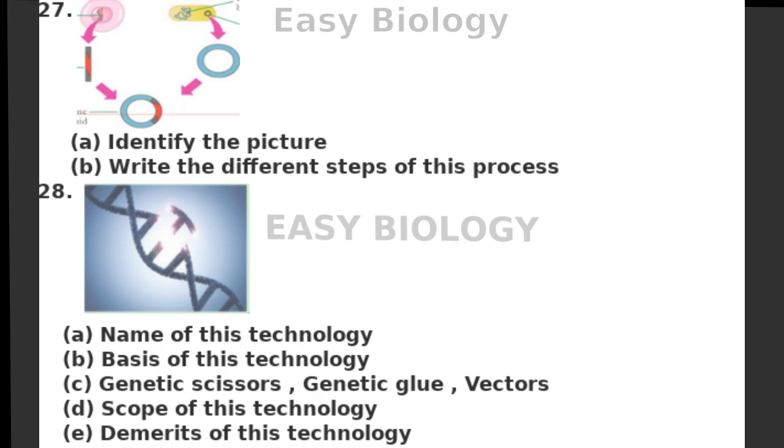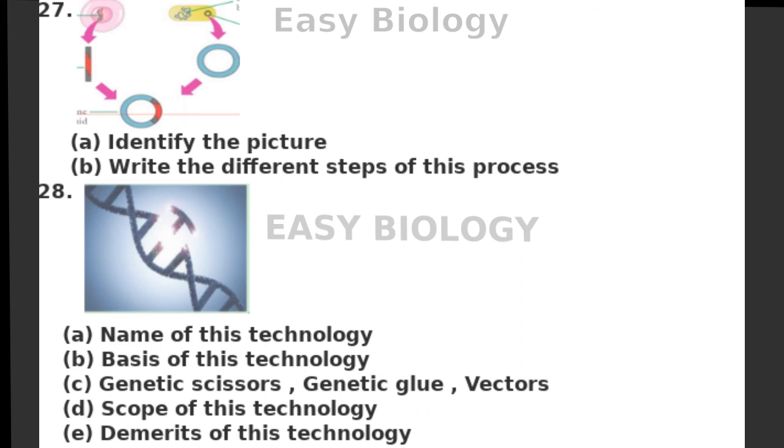Answer: gene therapy, genetically modified animals and crops, forensic test. Question 28e. Demerits of this technology. Answer: the genetically modified varieties cause harm to indigenous varieties and may cause health issues to humans.